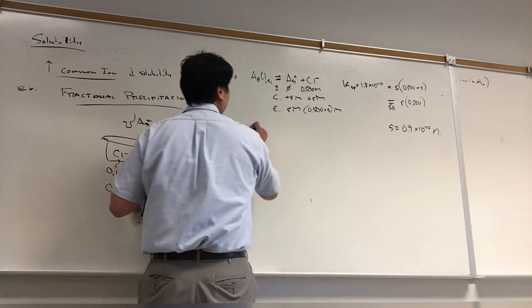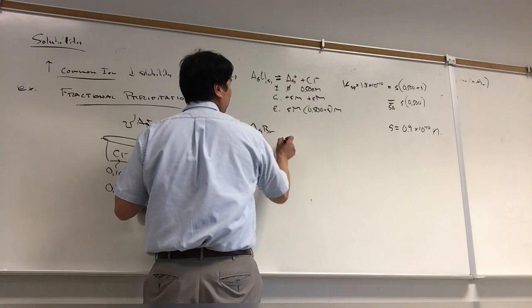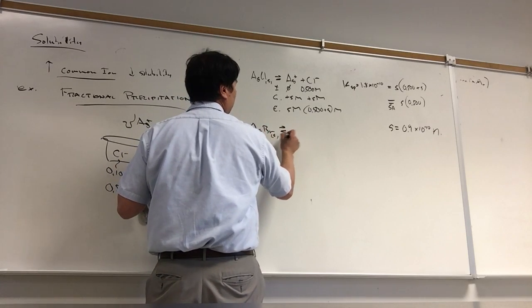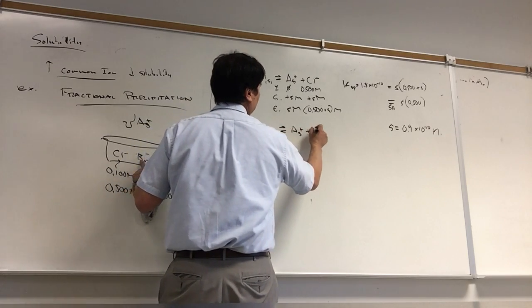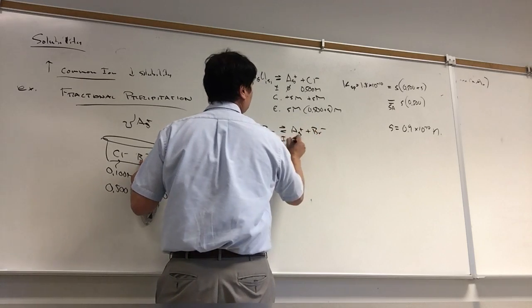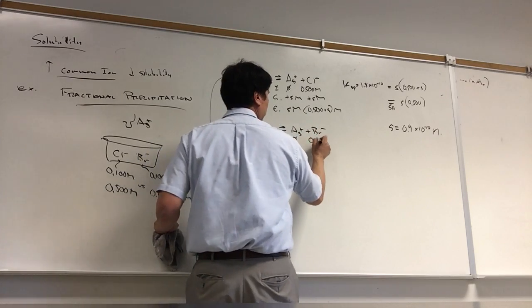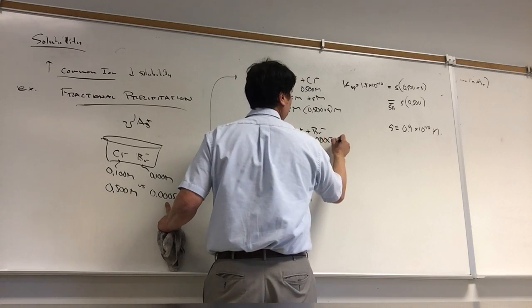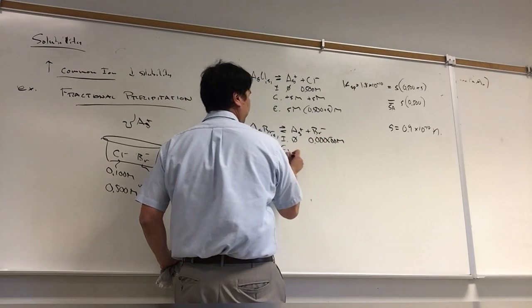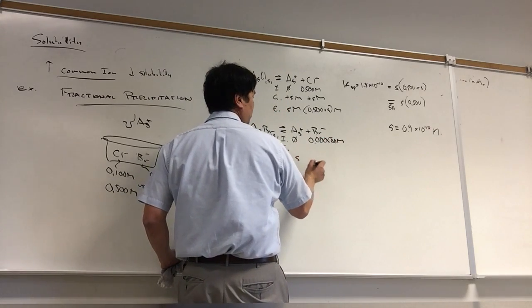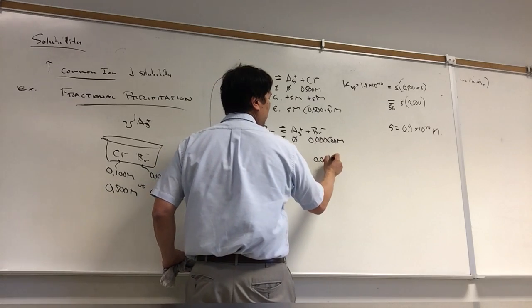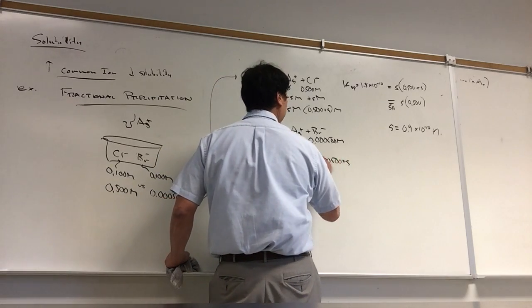When we do silver bromide, which has this much smaller KSP value, silver bromide is orders of magnitude smaller. So we have 0 here, and then 0.000500 molar common ion here. It's going to be plus s, and then 0.000500 plus s.